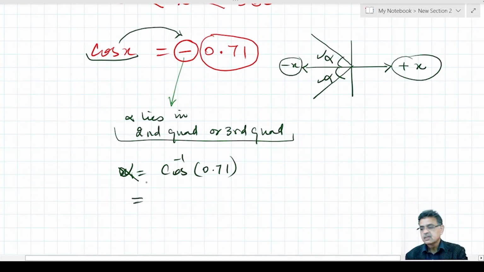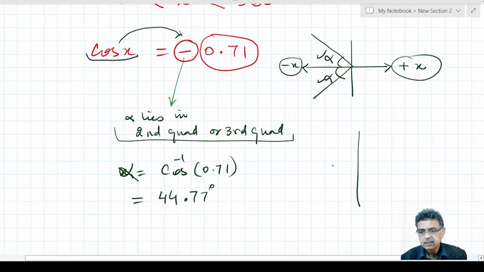So this will be cos inverse 0.71. So using calculator, shift cos 0.71, that gives us 44.76 or 77. So the value of alpha is 44.77 degrees.